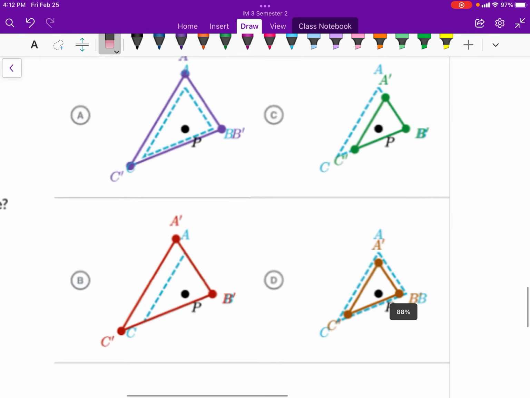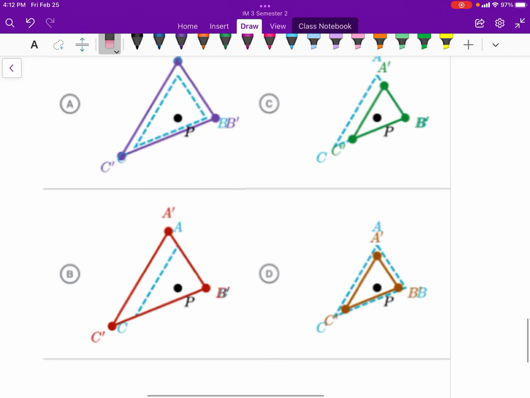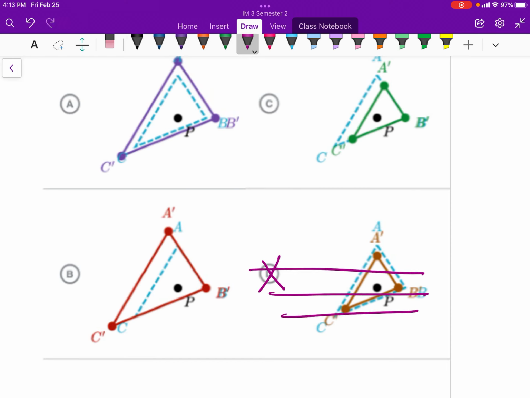Automatically, I could cancel out D, because we said we were growing. Our original one is the one that's dashed in blue, and the new image is actually smaller than that. So I'm going to cancel that one out because it is smaller. Now, like I said, the center does not touch any of our lines here, so each side should be growing.